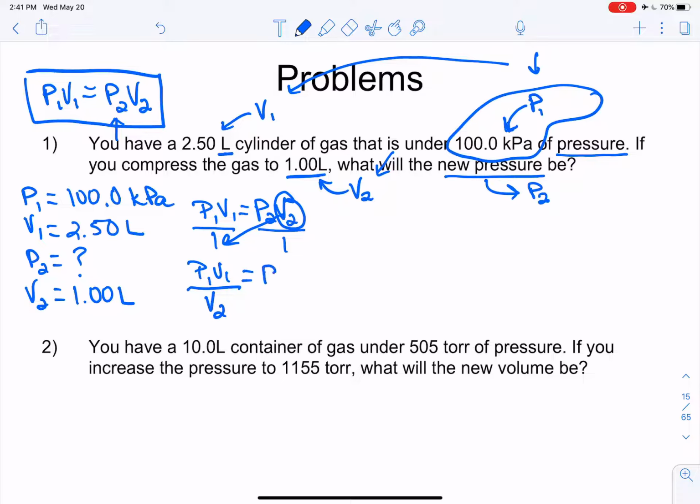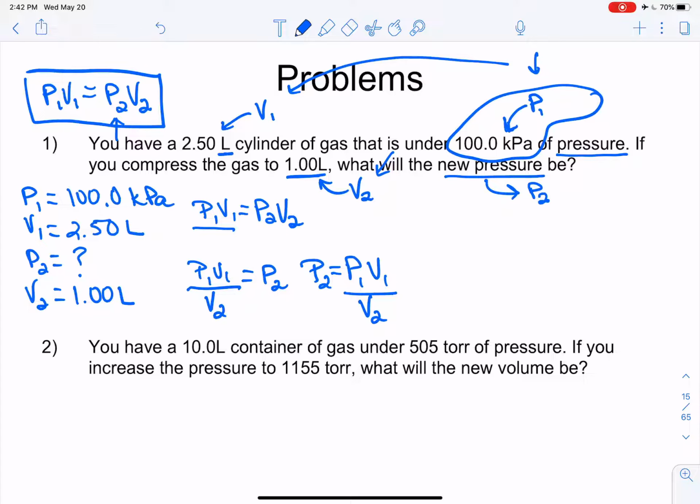And that is equal to P2, or P2 over 1, either way. Now, most of us like for our variable that we're solving for to be on the left-hand side, so I'm just going to switch this around because that's legal to do also. So P2 equals P1V1 over V2. Now, if you wanted to do it the traditional algebra way, that's fine too. So let me just go ahead and write in V2 right here.